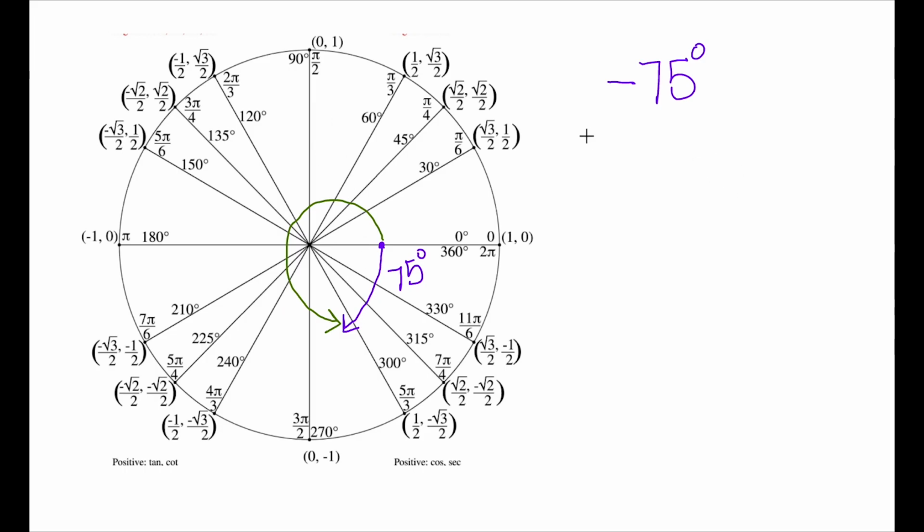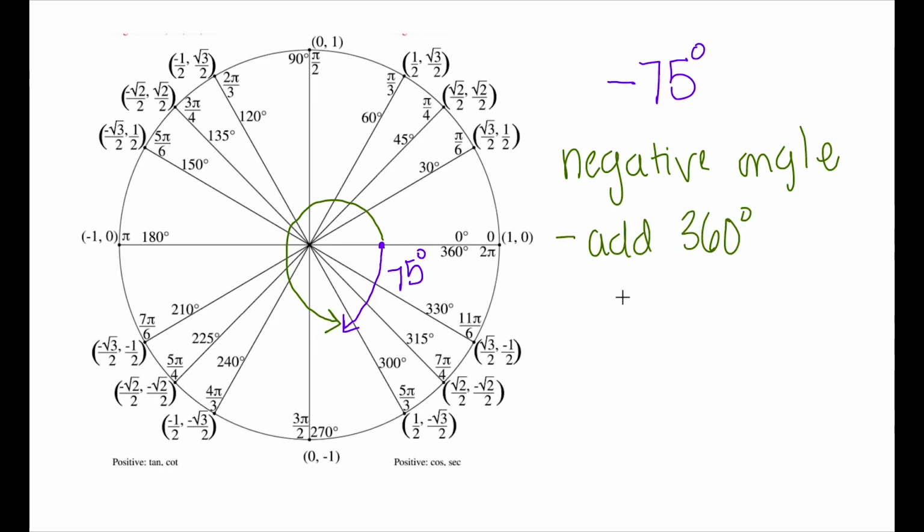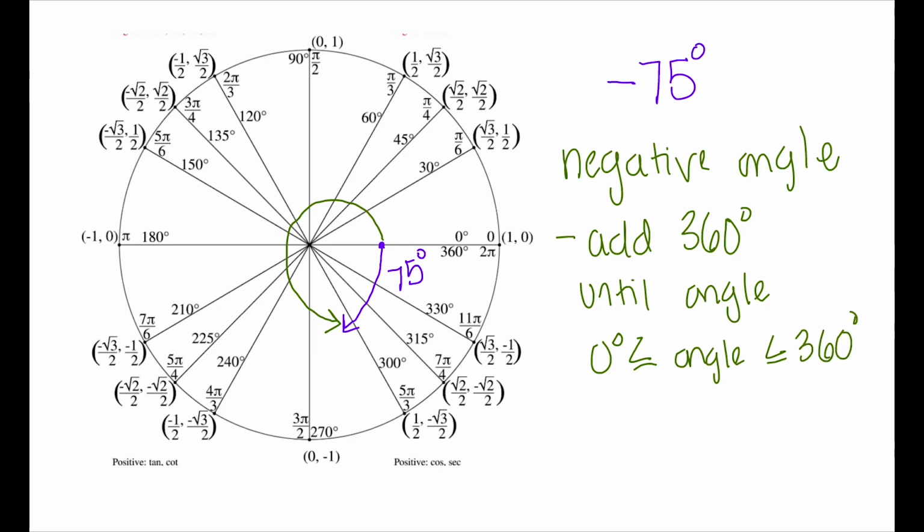In order to do that, if it's a negative angle, instead of subtracting 360, we're going to add 360 until the angle is between 0 and 360 degrees. So positive, we subtract, negative, we add.